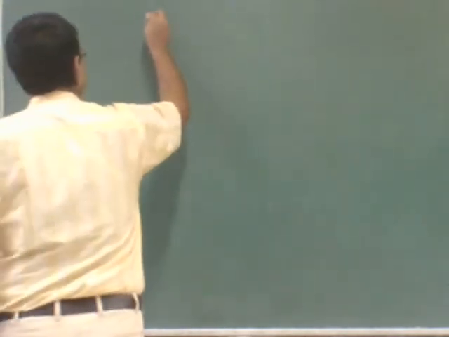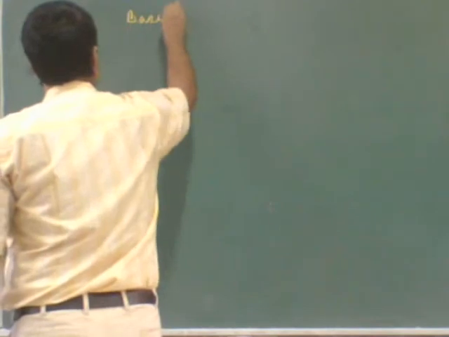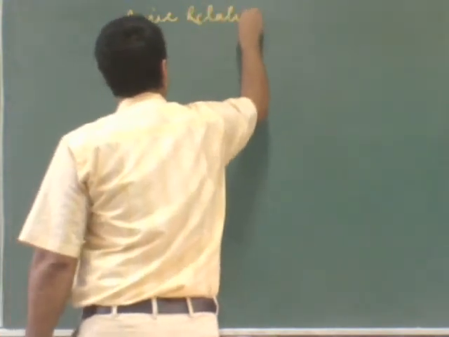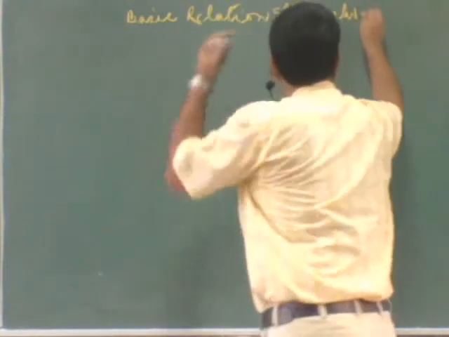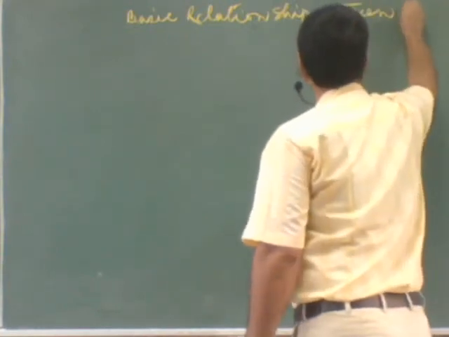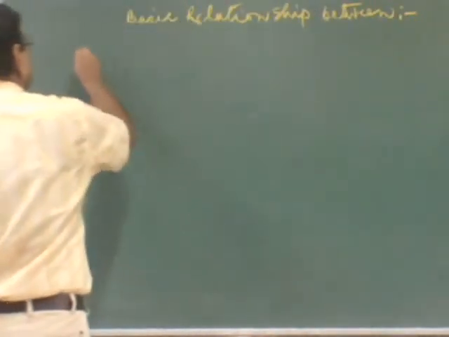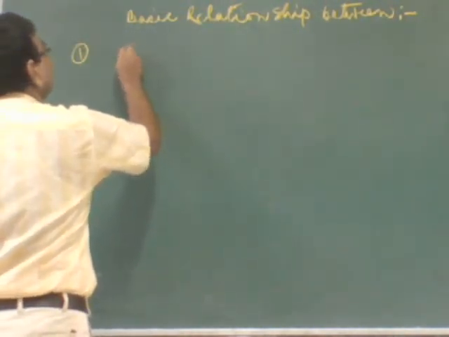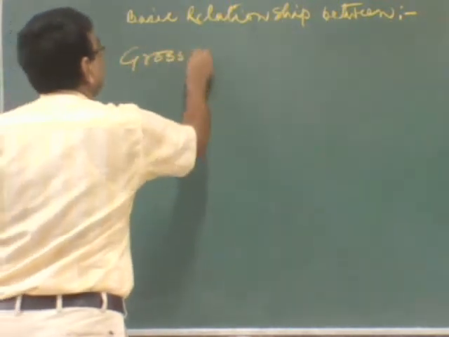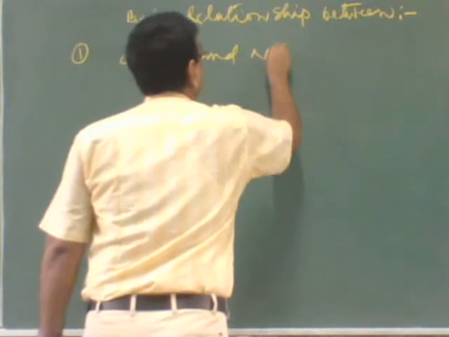So first, we have to establish the basic relation. Number one, basic relationship between number one, gross and net.